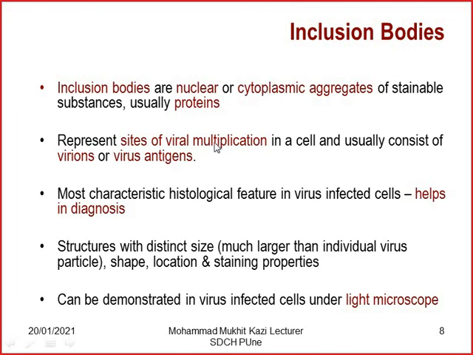They represent sites of viral multiplication in a cell and usually consist of virions or virus antigens. They are the most characteristic histological feature in virus-infected cells and help in diagnosis. These inclusion bodies are different for different viruses and can easily be stained with staining techniques and seen under the light microscope.